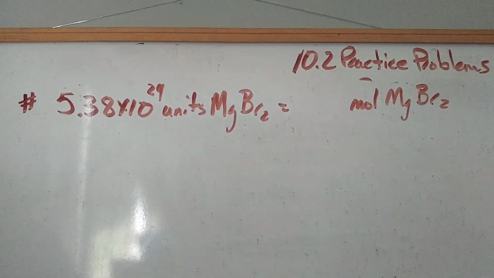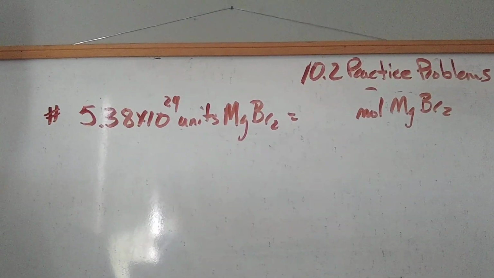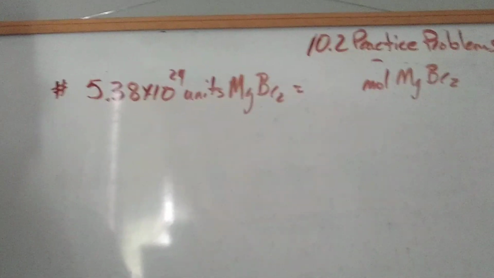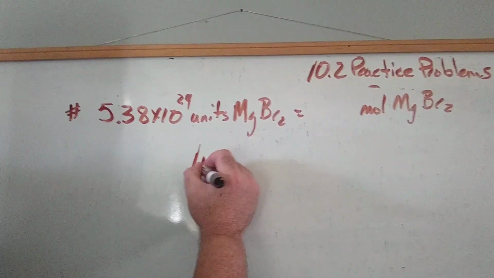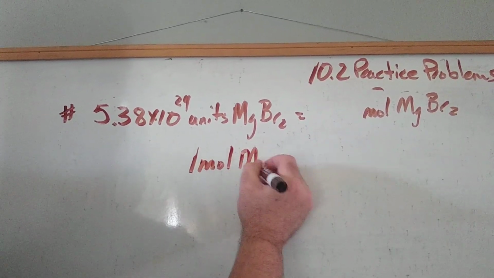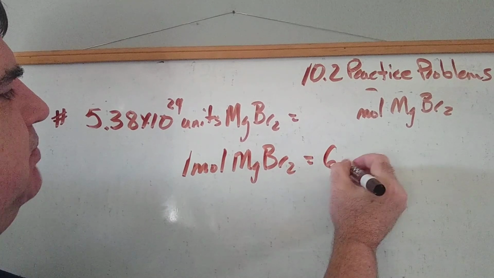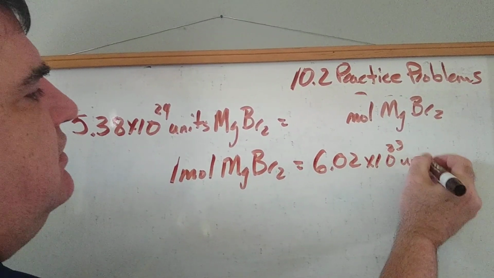Now this one's really nice because we don't even have to figure out atomic mass units on this one, because we know when we look at our notes that the equivalency that we use here is Avogadro's number. So 1 mole of MgBr2 will always be equal to 6.02 times 10 to the 23rd units.